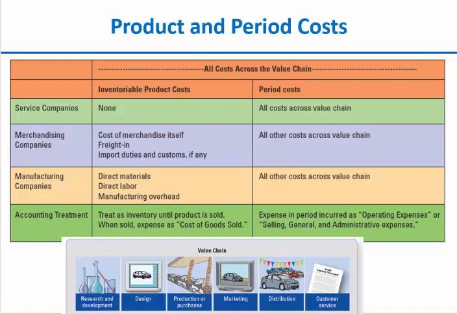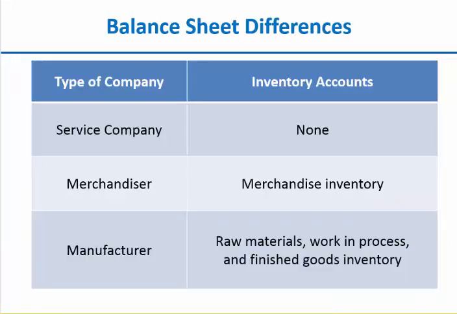Next is balance sheet differences. Let's compare all three different types of companies. We talk about the income statement first. The income statement difference is very little. The calculations are quite different across these types of companies, but when we come to the format, the difference is very little.